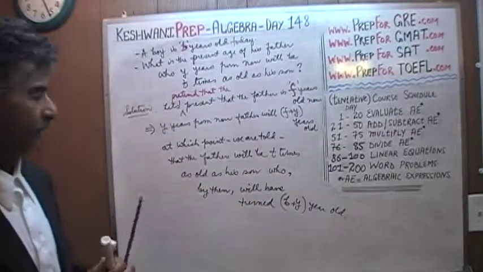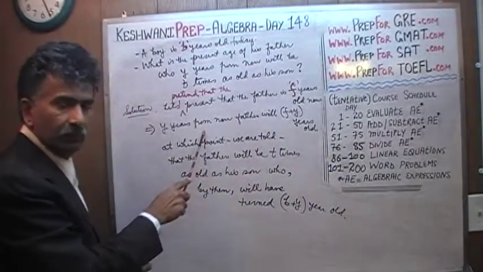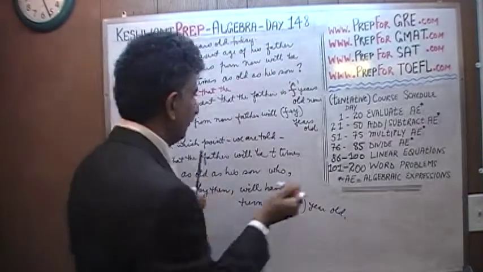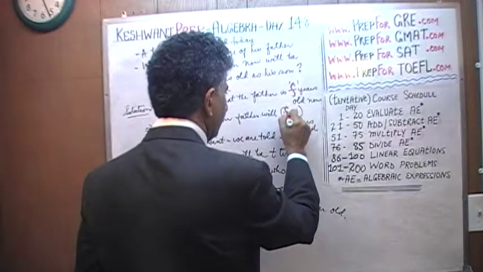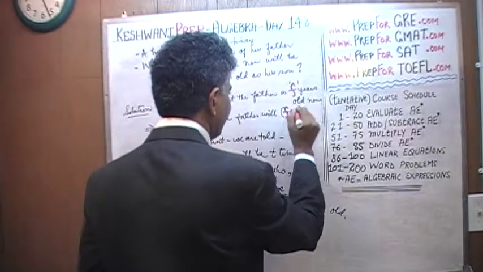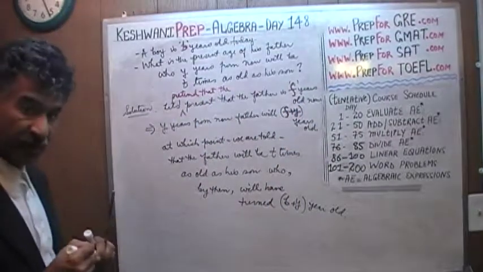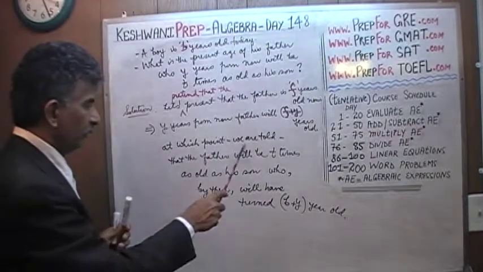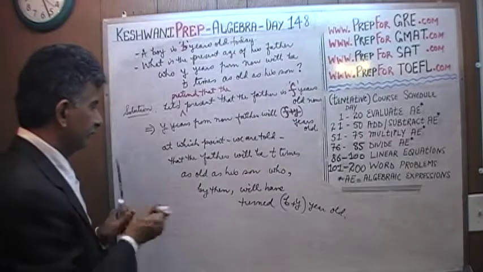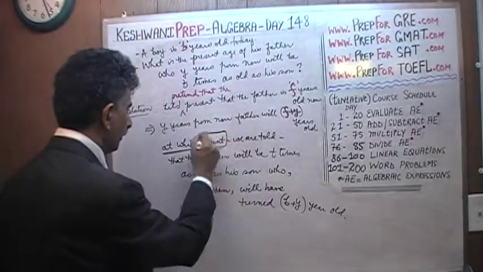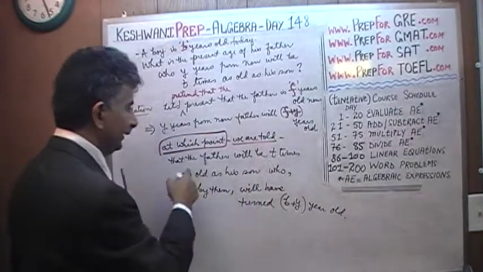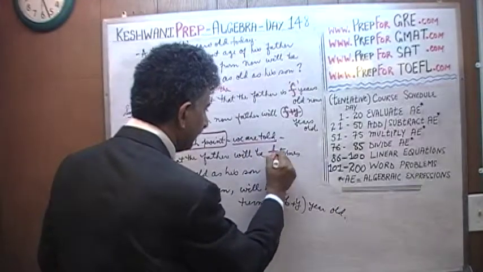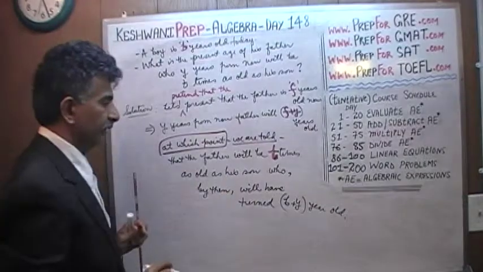If that were the case, then Y years from now, father should turn F plus Y. His age that we're pretending today plus Y more years. At which point, Y years from now, we are told that the father will have turned T times as old as his son.